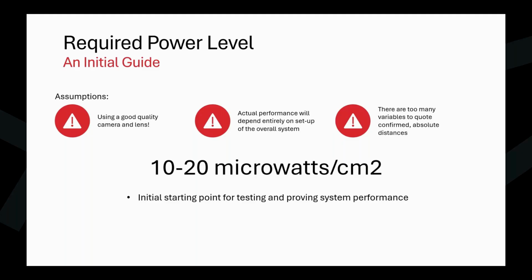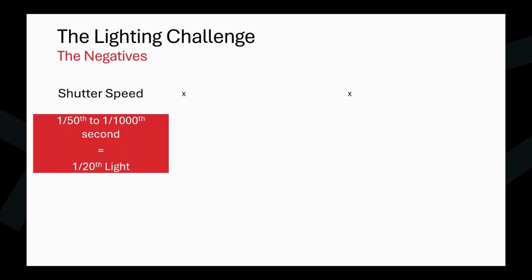So if we use that 0.35 microwatts per square centimeter for video surveillance, we can then start to work up depending on the shutter speed of your camera, for example. If we go from 1/50th to 1/1,000th, so a 1 millisecond shutter speed, you're receiving 1/20th of the light.